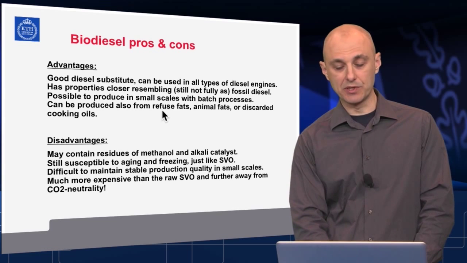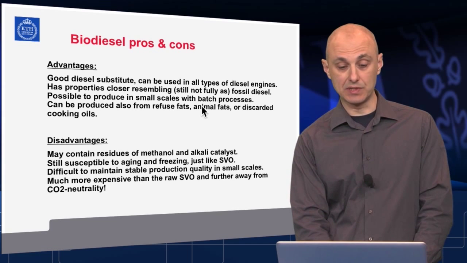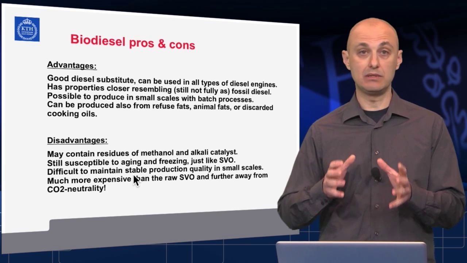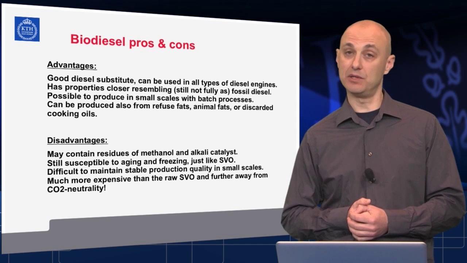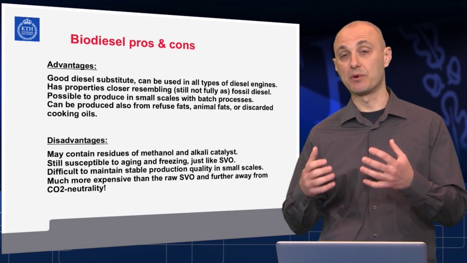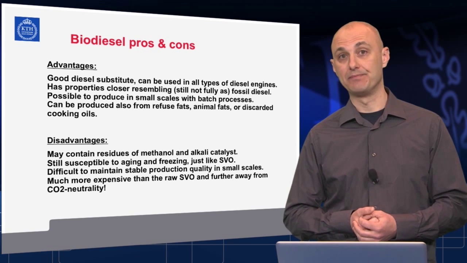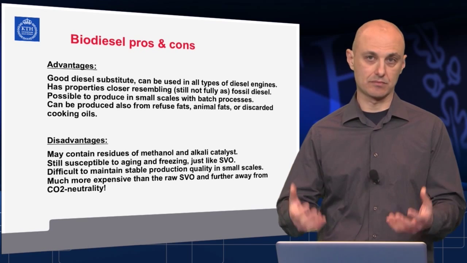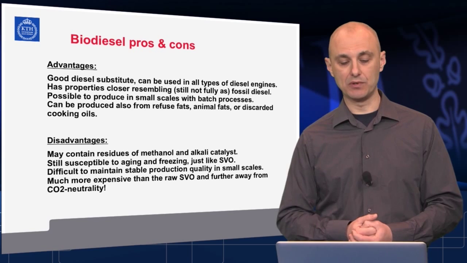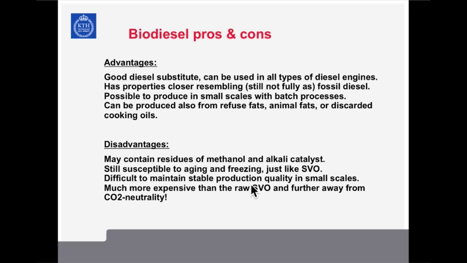It is possible to produce in small scales and batch processes. However, exactly this is a limiting factor because it might not be so easy to keep the same quality throughout a batch process. It is definitely much more expensive, and definitely further away from CO2 neutrality compared to the raw oil.